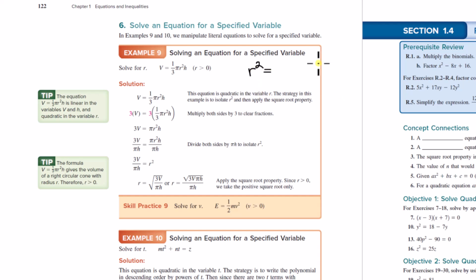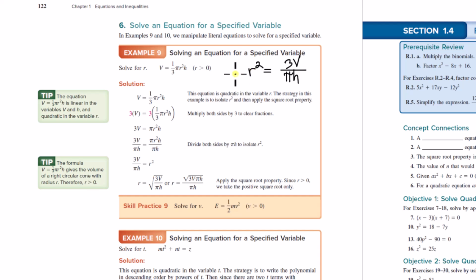So dividing both sides by 1/3 pi h, we get 3v over pi h. Okay, now we just look at this on this side. This is just like a number, right? For a specific volume, for a specific height, this is just a constant. That's how we're looking at it. Some number. Really, more specifically, there's no r over here. Okay, we're solving for r, so there's no r over here.